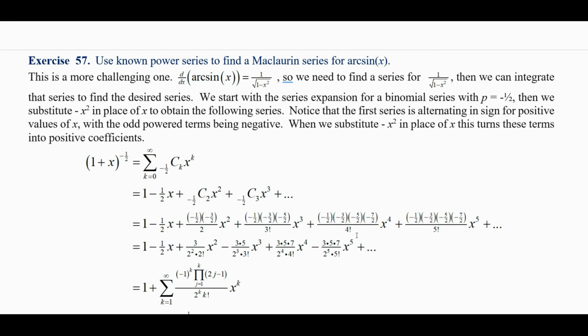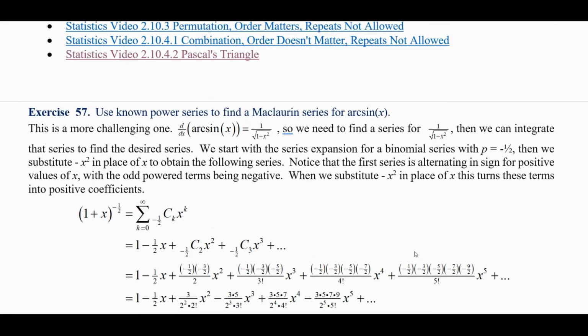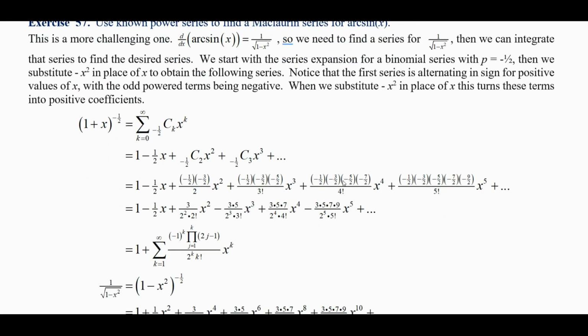The next one should have 5 factors, the same 4 we have here, and then negative 7/2 minus 1 is negative 9/2. So in our top we have 3 times 5 times 7 times 9 times 1 if you want. We have 2 to the 5th in the bottom with a 5 factorial there. We have 1, 2, 3, 4, 5 negatives makes a negative there.